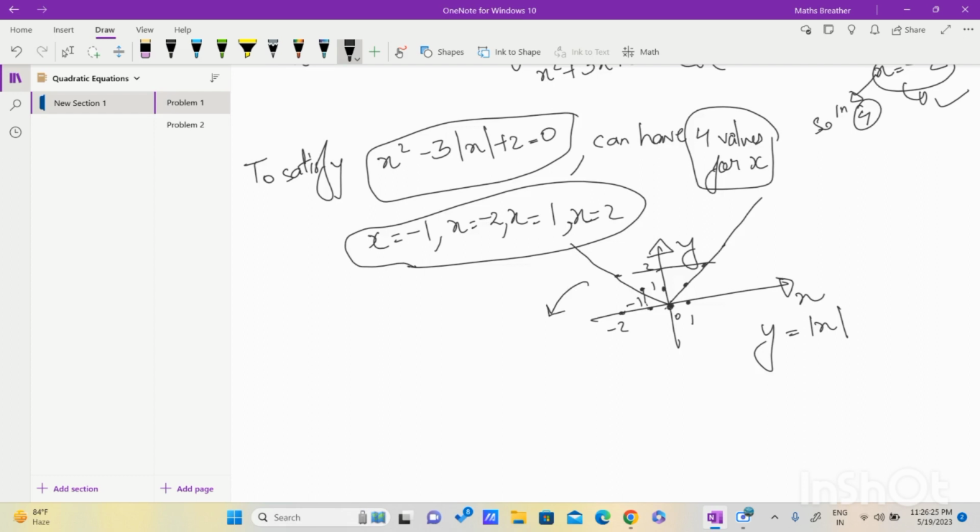I'll redraw because this has been drawn by dotted lines, which may cause some confusion. So both lines are your function, y equals mod x. This is an interesting one, and as you can see it looks like a V shape.